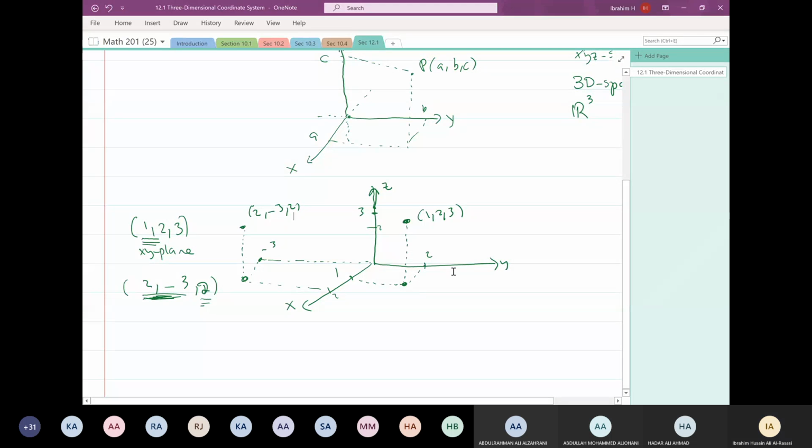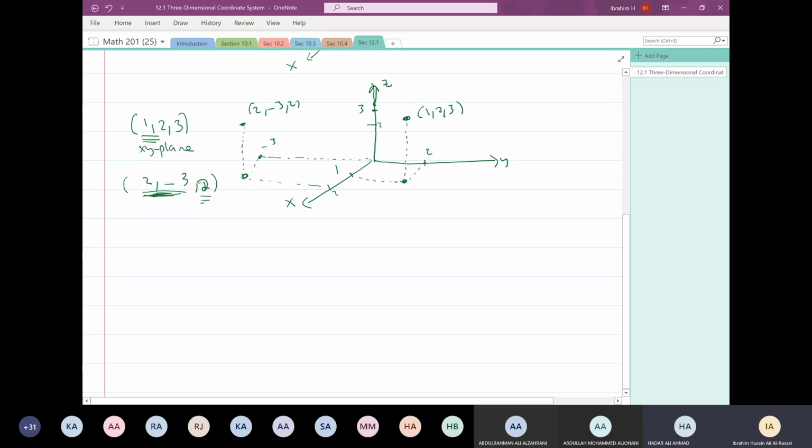The floor is the usual xy plane, and z is the one perpendicular to all of them. Okay, it is a convention. We have to choose a specific naming for these axes, and this is usually the standard.